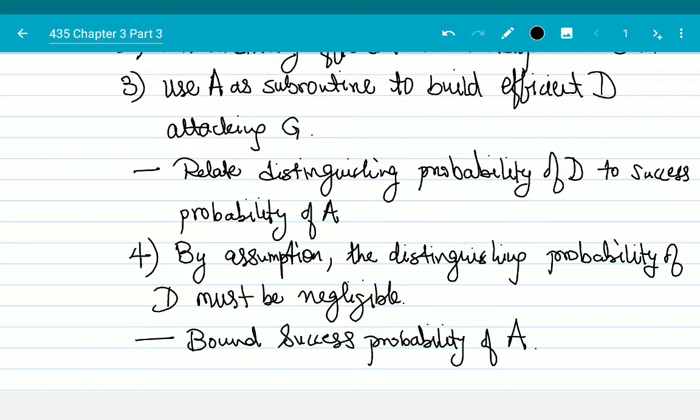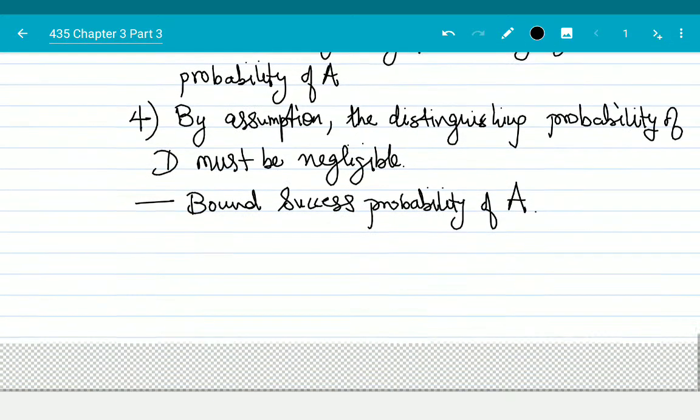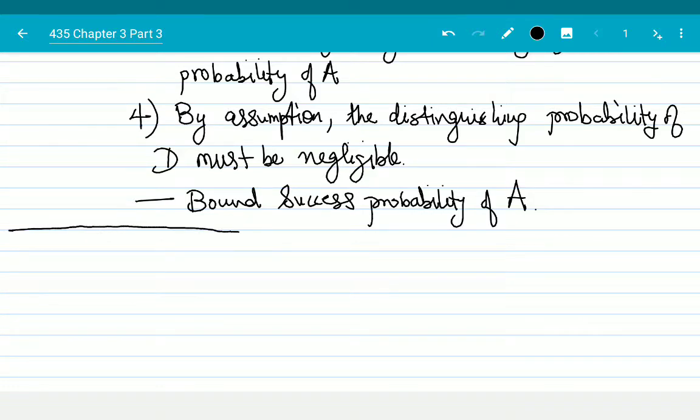And this is the idea we are going to be using to prove Theorem 3.18 in the book.